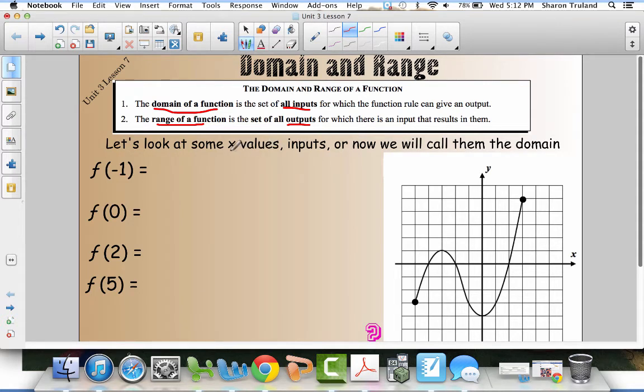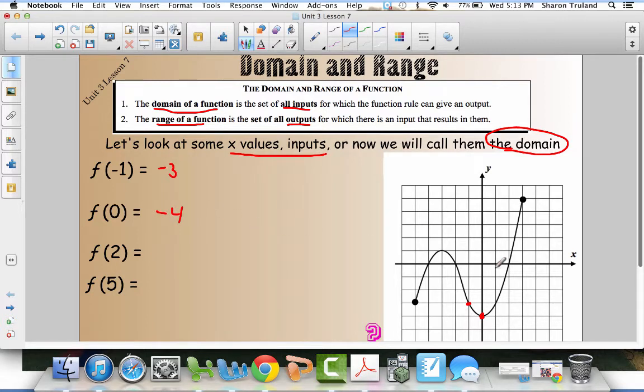So from now on, when we look at inputs, I'm going to call them the domain because it's what we're putting into the function. So over here, I have -1, 0, 2, and 5. These are all domains. And just to review, if I were to put a -1 into this function, out would come a -3. If I were to put a 0 into this function, out would come a -4.